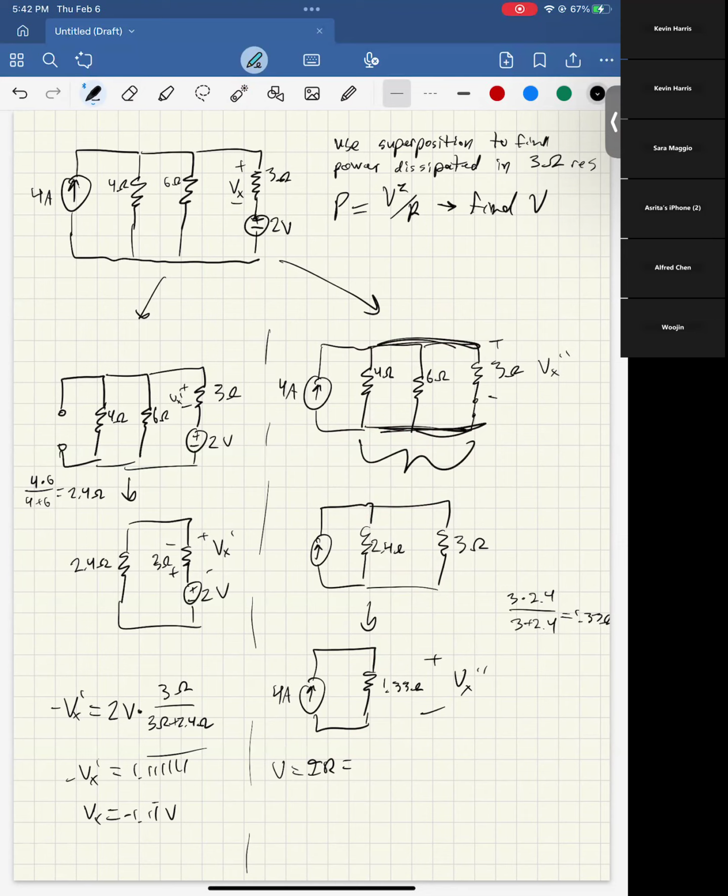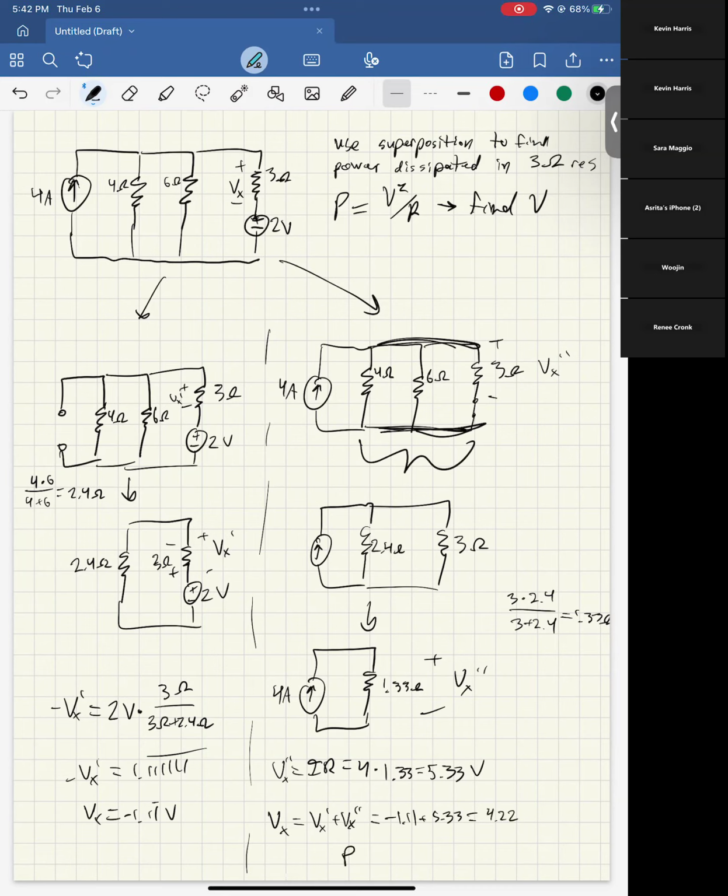So moving along here, we have 4 times 1.33, and that equals 5.33 volts. This is Vx prime prime. So then Vx equals Vx prime plus Vx prime prime, which is, I'll write it the other way around, minus 1.11 plus 5.33, which gets us 4.22.